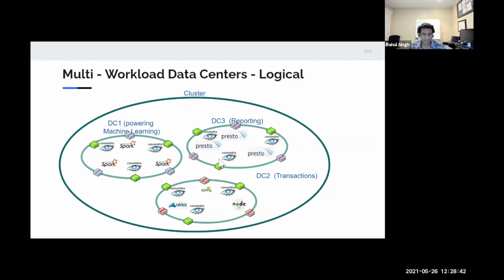So depending on how many people or how many transactions are coming, we could scale this data center separately, whereas leaving the reporting data center and the analytics data center alone because it's the same workload. It's not increasing. Okay. So this is a way to do logical separation. You can also do this as physical separation, where you don't really differentiate the workloads. It's just in 3 different places.